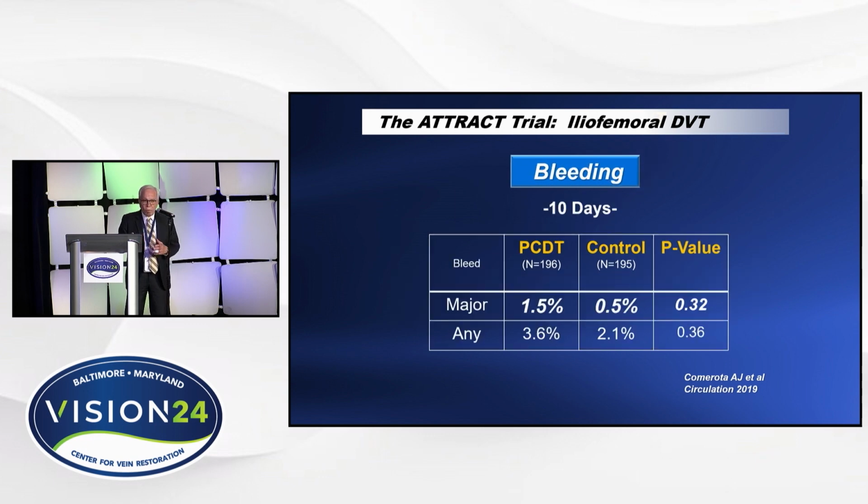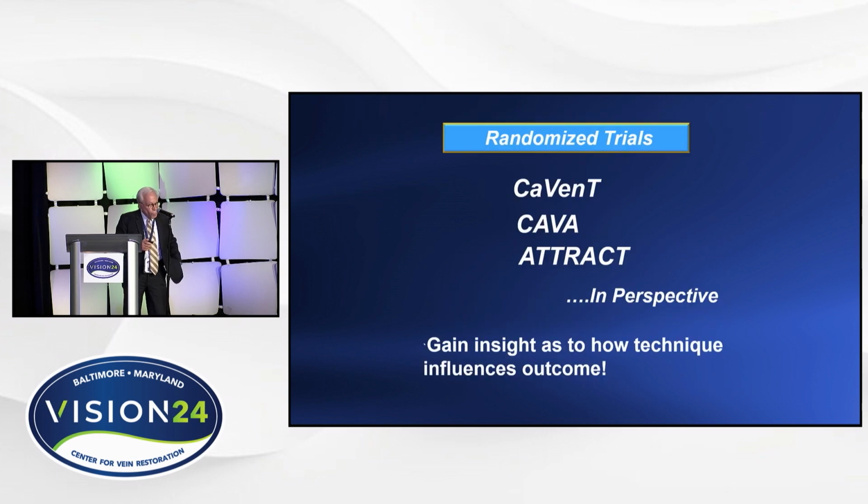And although there was a numerically higher risk of major bleeds, there was not a significant difference in major bleeding in the ATTRACT trial in the PCDT versus the control, whereas there was a significant difference in bleeding in the other two trials.